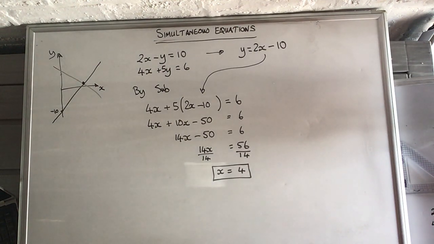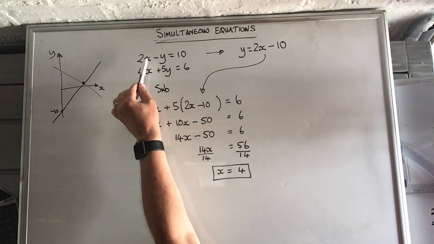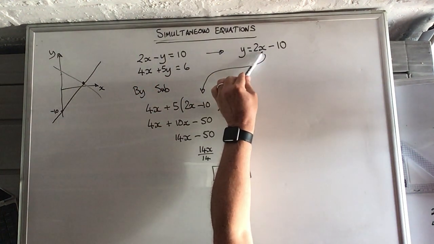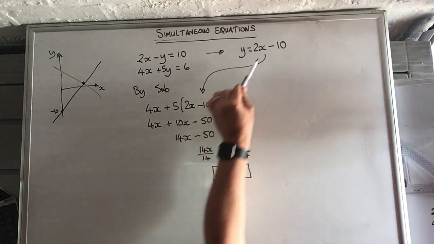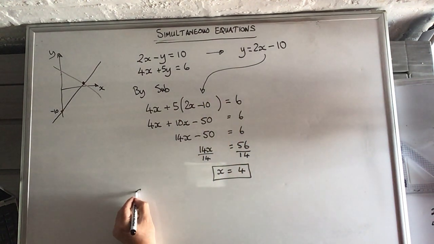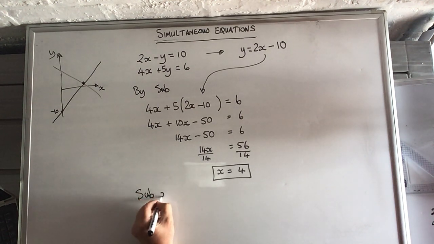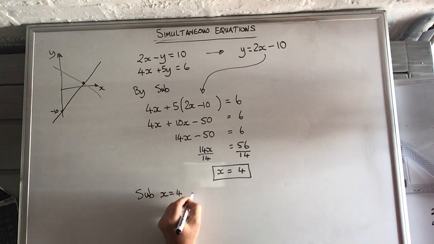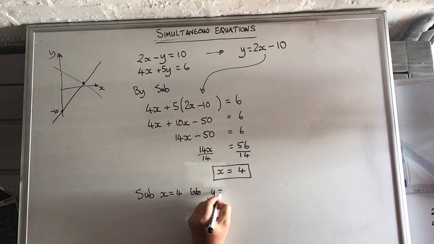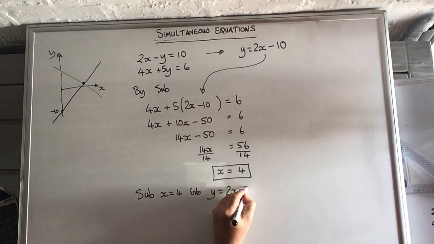Now we have to get the y value. Well, again, look at the two equations we had. We've got these two initially, but we rearranged this one into this so we could substitute in. So I'm going to use that because that's the easiest one to find y. So sub x equal to 4 into y equals 2x minus 10.